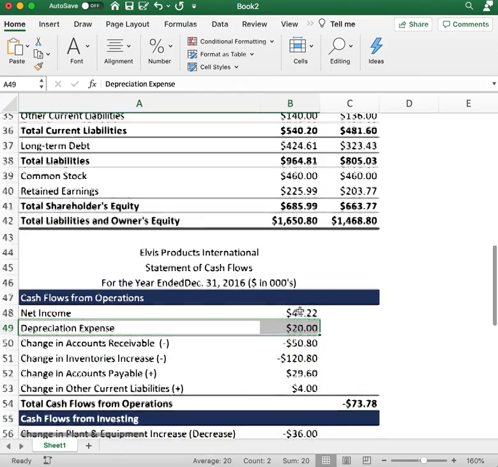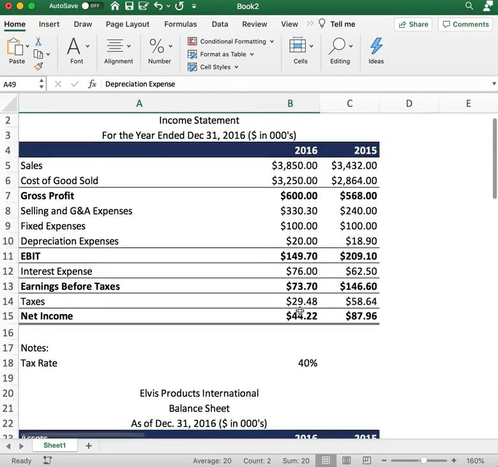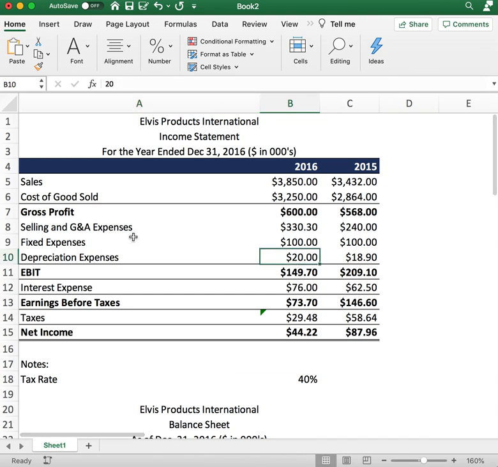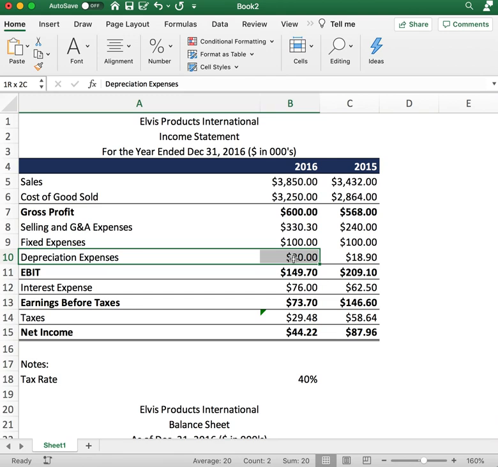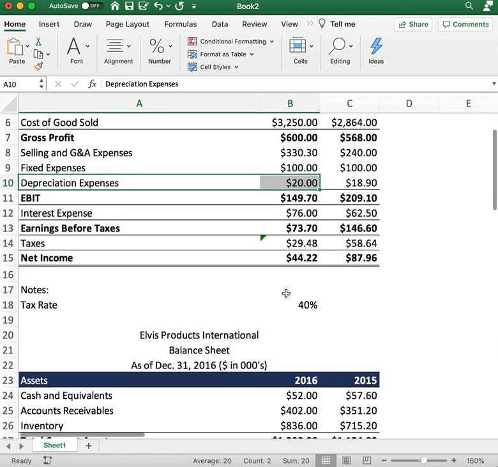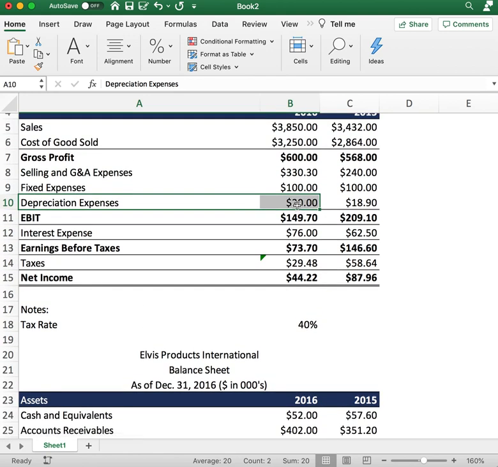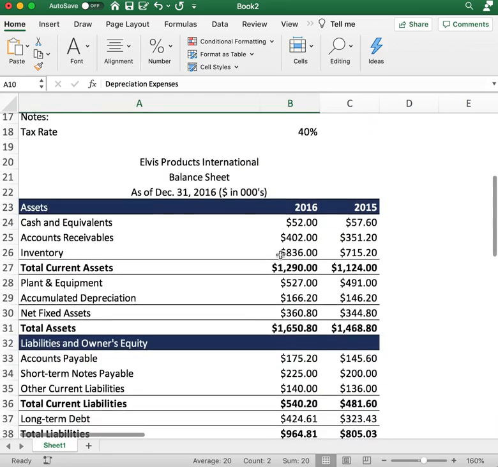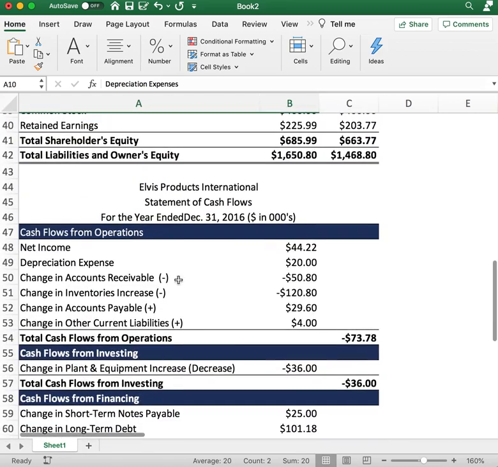So if we're recording or reporting a $20 depreciation expense, there was really never a transaction that took place there. So technically, we still have this money in our account. So we're going to go ahead and add it back into the cash flow from operations. All right, now that should give us everything we need to calculate the cash flow from operations.